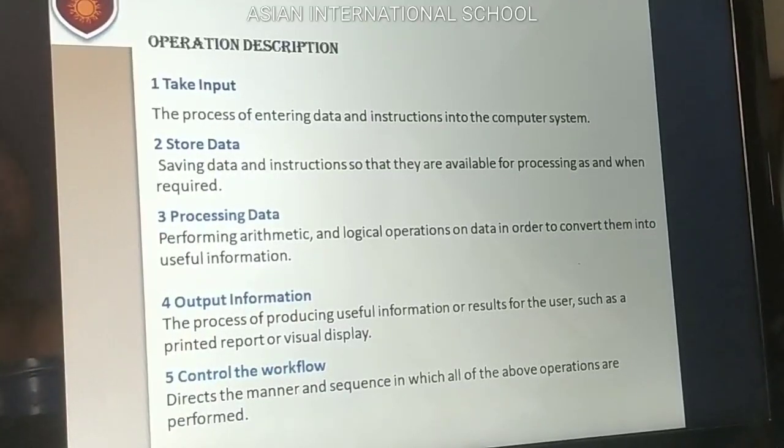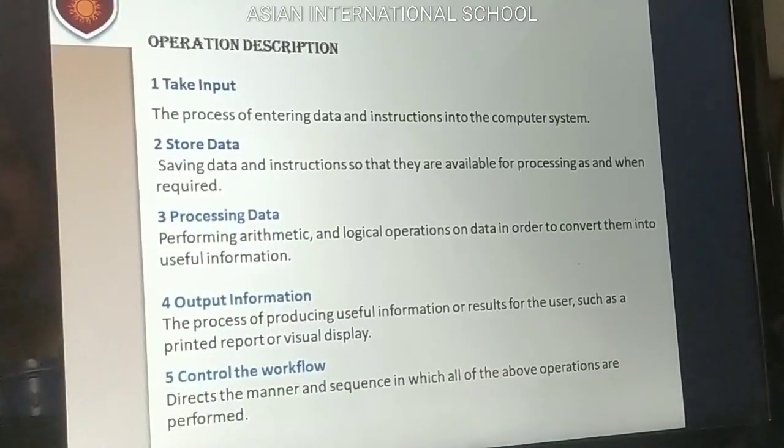First we store the data so that it can be processed. There is a place where we can store it and then it goes to the processor, and after processing, if we need, we can save the data for future use. That is the storing of data.